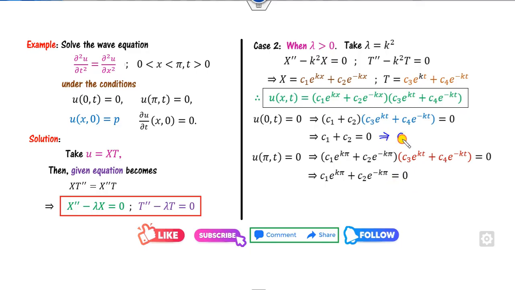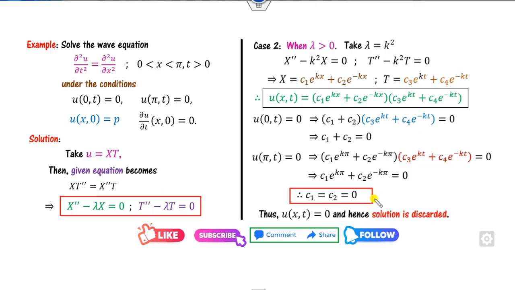Now from the previous case, I can find C2 is minus C1. I can substitute this value here. C1 will be common, e raised to power k pi minus e raised to power minus k pi. So this implies C1 will be 0 because this number is always non-zero. So once C1 is 0, I can substitute here. Therefore, C2 is also 0. Once C1 and C2 are 0, I can substitute here. You will get again a trivial solution. Therefore, this solution is also discarded.